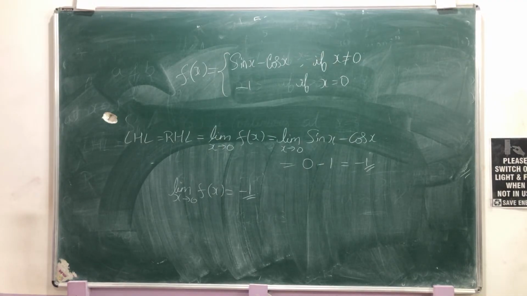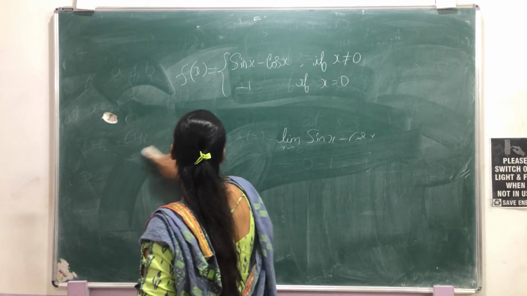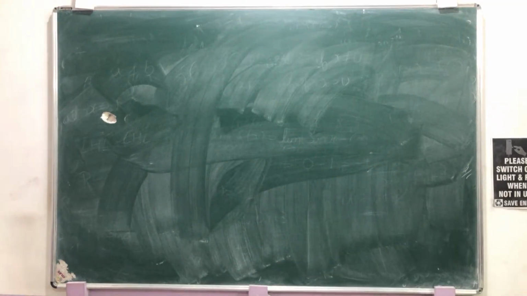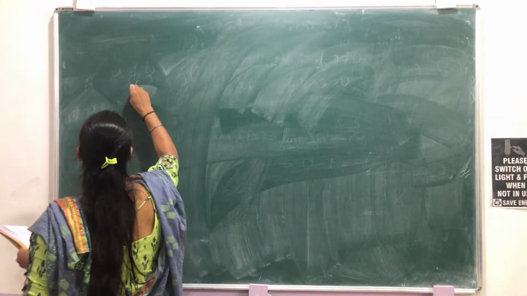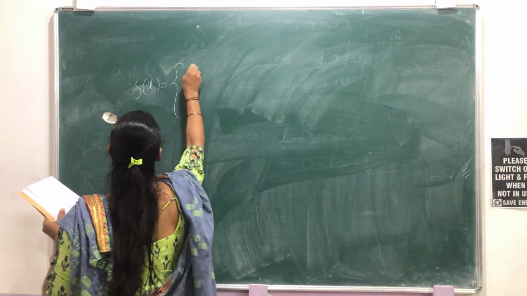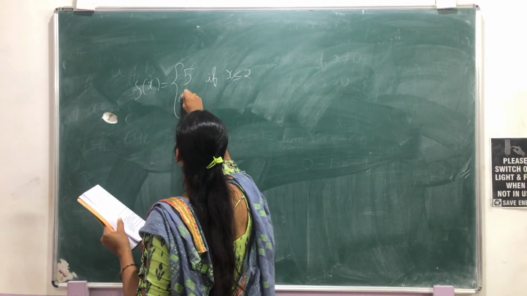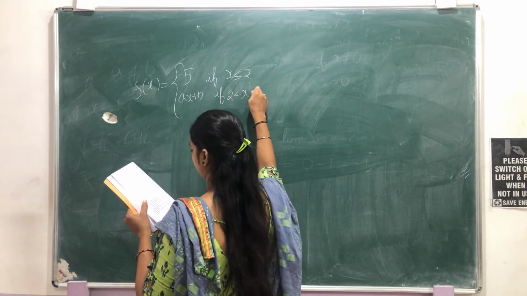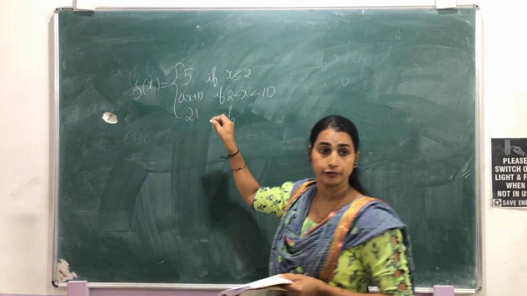Take the next question. Find the values of a and b such that the function defined by the following is a continuous function. This is again important for 4 marks.